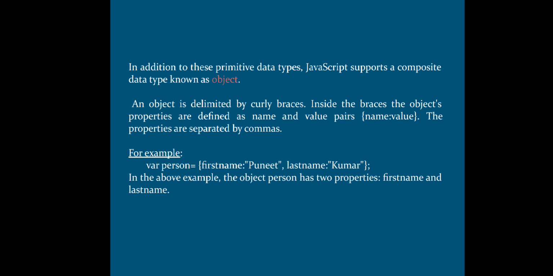Likewise, we can define a composite. Primitive means it can hold only one value, an atomic value. When we say composite, it means a collection, a combination of values, so it can store more than one value. So these are the main data types available in JavaScript.